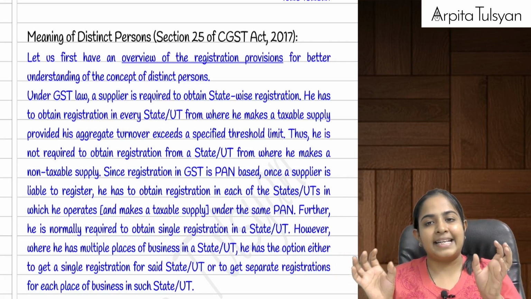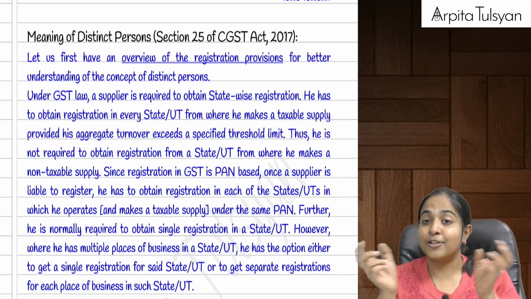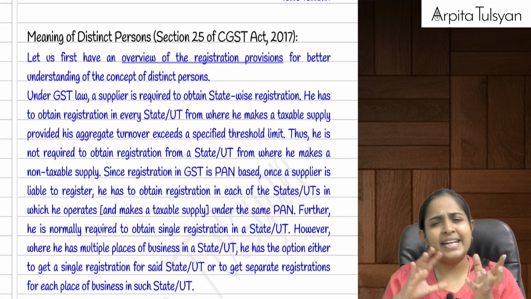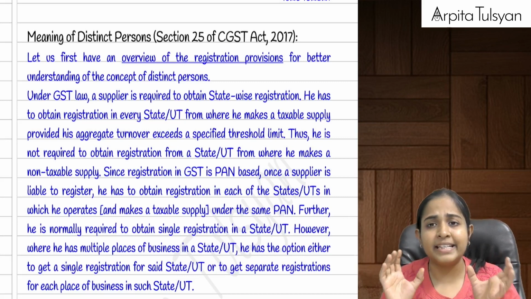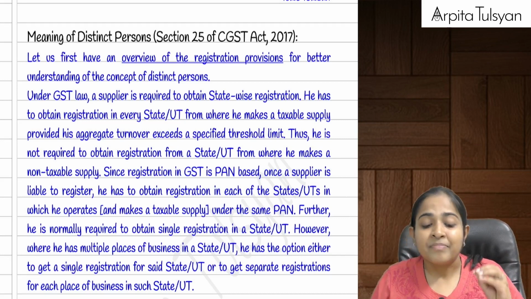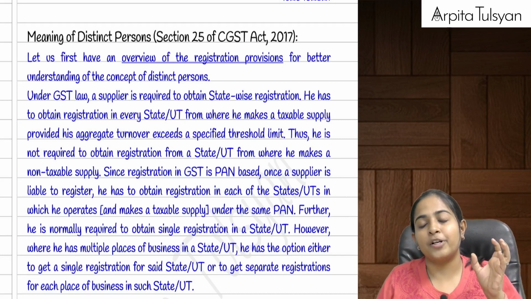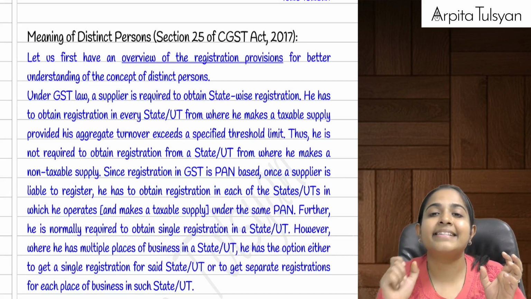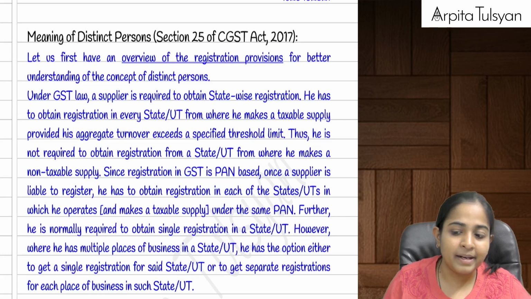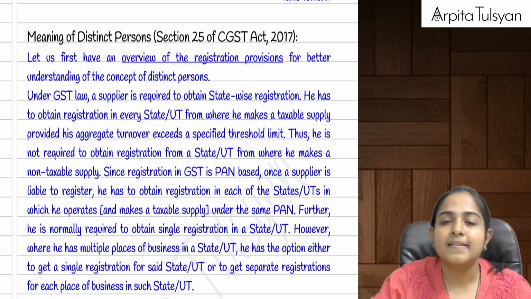Then if any type of transaction, such as stock transfer, happens between these two branches, this particular branch will be considered a distinct person, and any transaction between these two persons will be considered a supply.